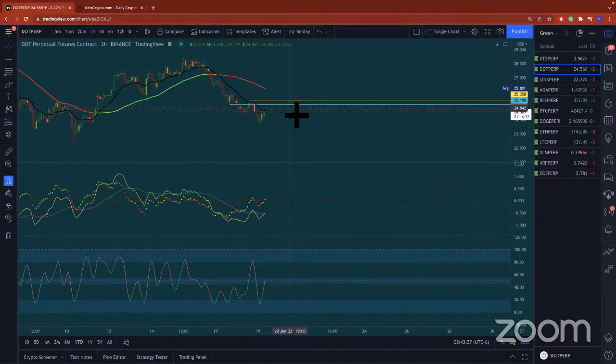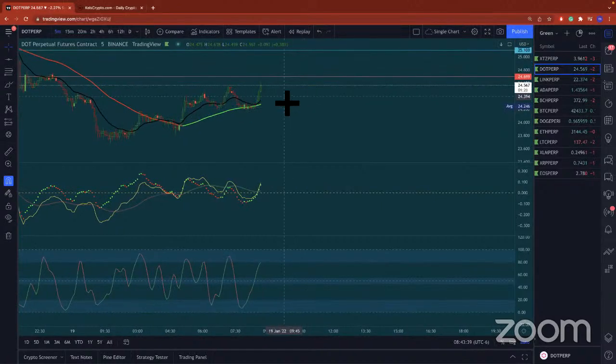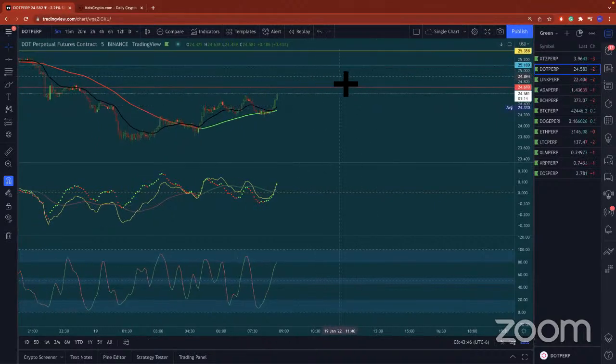Almost 100% of the time, we're going to come back and touch that at $25.10. I have zero doubt that we're going to touch that. Are we going to touch that right now? We don't know, but are we going to touch it today? There's a good possibility within the next 24 to 48 hours we're going to be touching 25.1. And that's something you need to keep in mind.